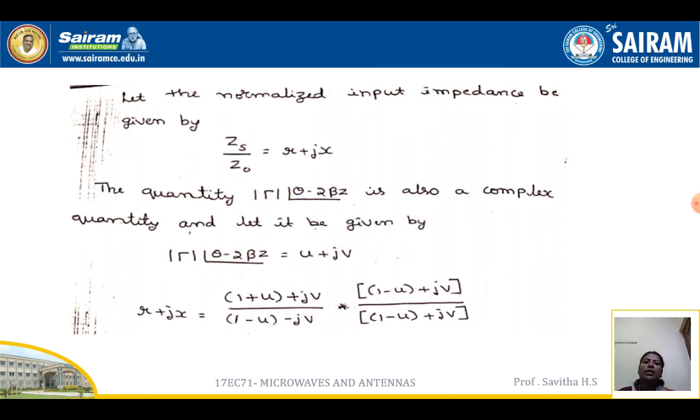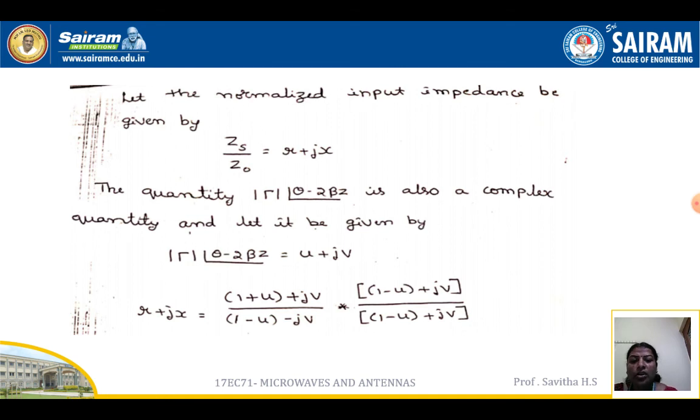So let the normalized input impedance Zs by Z0 be equal to R plus jX, where R is the resistance and X is the reactance. The quantity magnitude of reflection coefficient angle theta minus 2 beta z is also a complex quantity, and let it be denoted by U plus jV. So R plus jX is equal to (1 plus U plus jV) divided by (1 minus U minus jV).